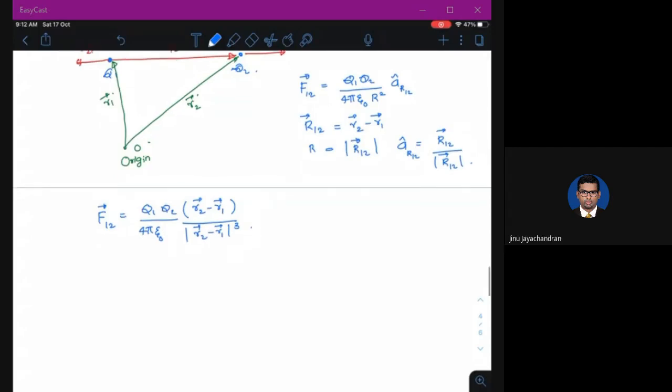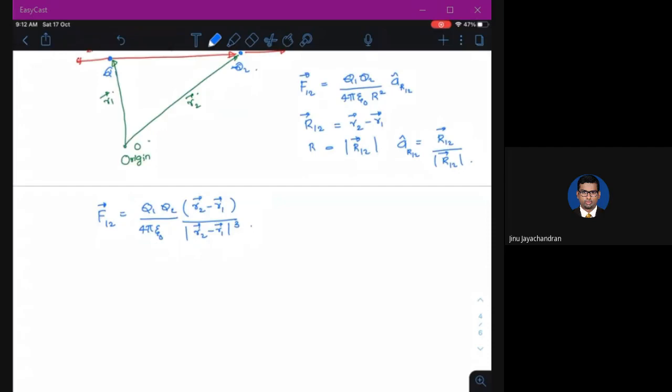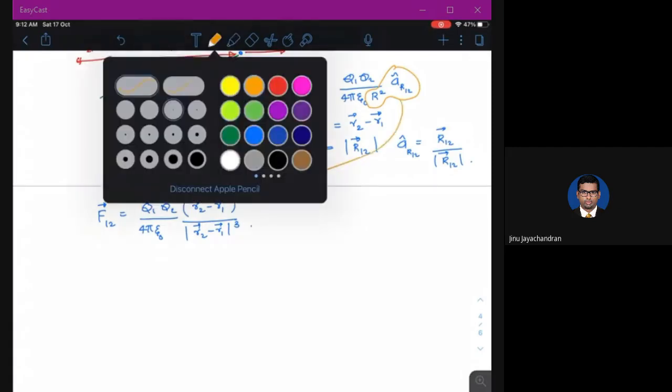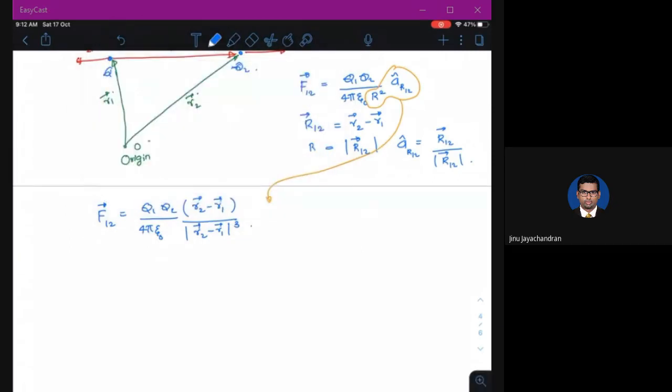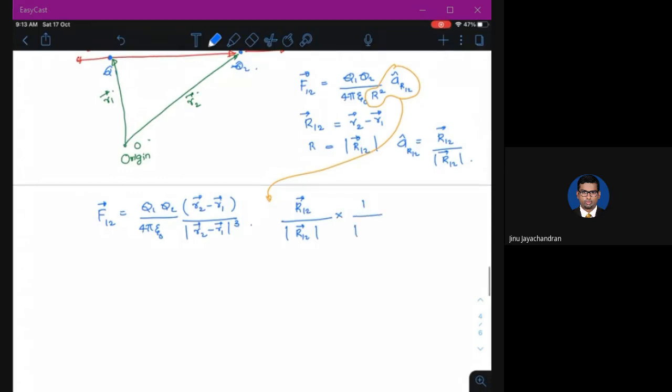Okay, why it came? Because if you look at only this part, okay, so this part means if you substitute the values, you see that it is R12 divided by R12 magnitude multiplied by 1 by R12 magnitude square.